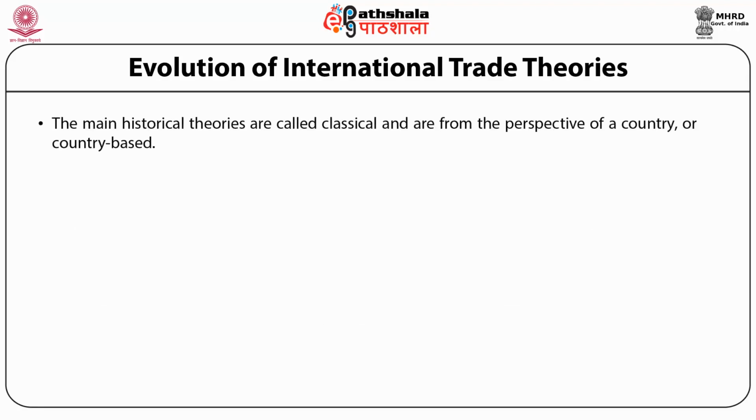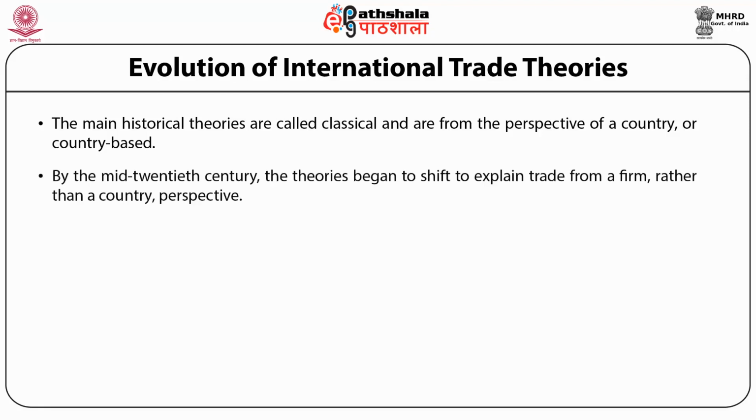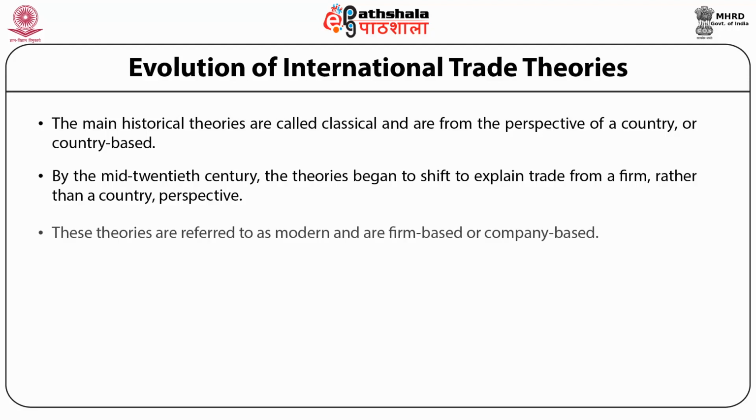The main historical theories are called classical theories and are from the perspective of a country, or country based. By the mid 20th century, the theories began to shift to explain trade from a firm rather than a country perspective. These theories are referred to as modern and are firm based or company based theories.